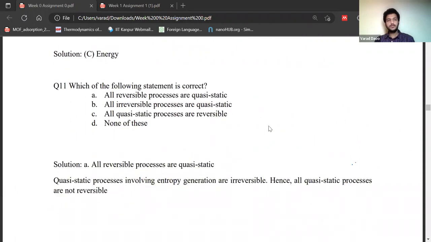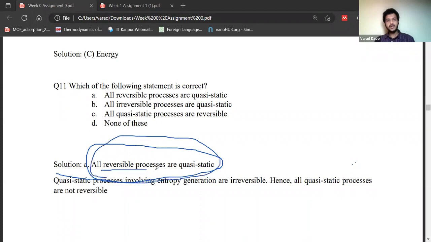So this is the correct answer, right? All reversible processes are quasi-static processes. That means the main criterion of a reversible process is that it should be an infinitesimally small process, and quasi-static processes are infinitesimally small processes. Hence we can say all reversible processes are quasi-static processes.